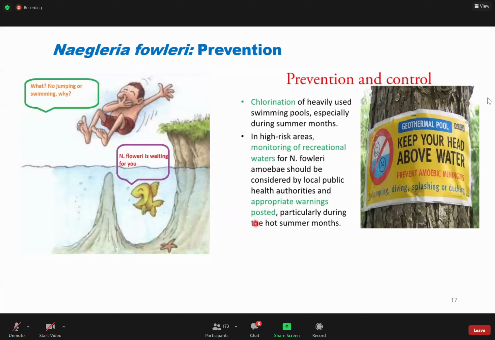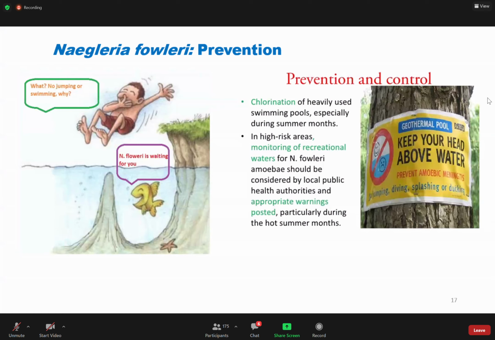How can you prevent infection? You know how infection is acquired, right? So you have to discourage people from areas where there has been outbreaks. So you have to put up notices so that people don't go to these areas to swim or dive. Well, if they have to, because it's very difficult to control human nature, then tell them to use a nose plug so that they don't have fluid going up their nostrils.